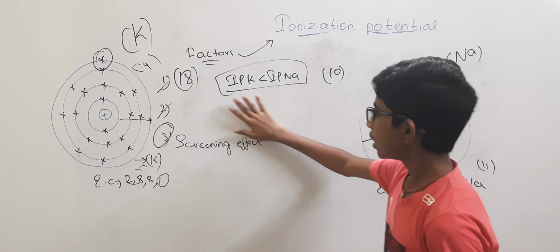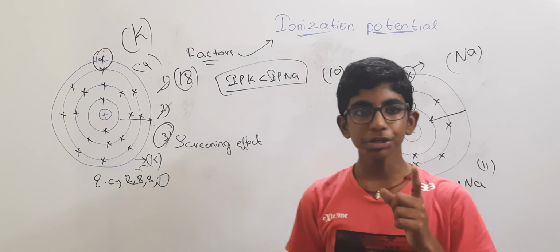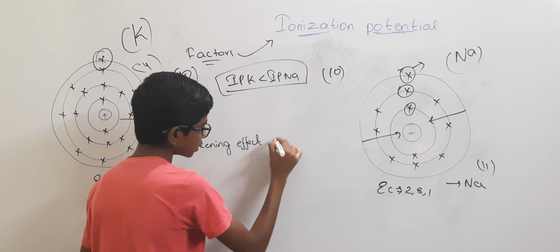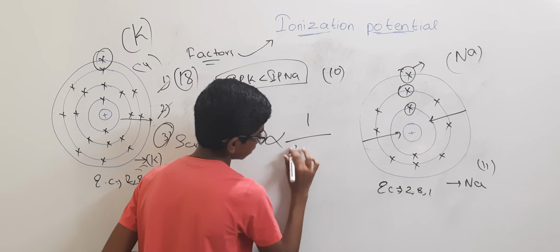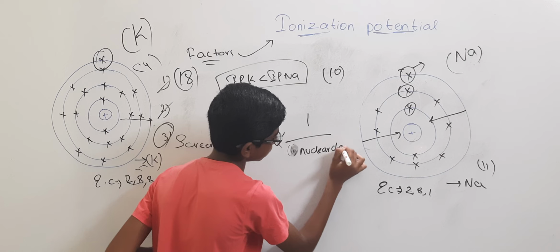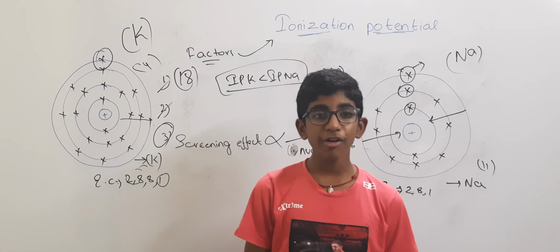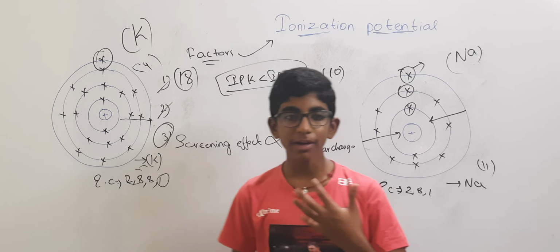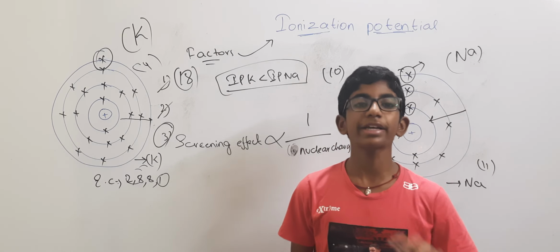Okay, first, there are more screening effects. Did you remember or not? Screening effect is inversely proportional to effective nuclear charge. If the screening effect increases, the attraction from the nucleus also decreases.